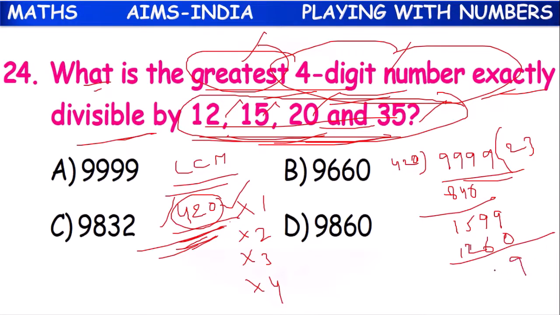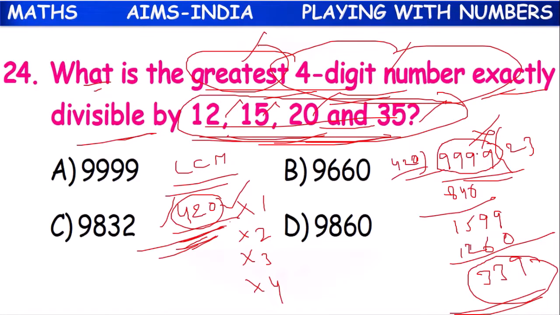So 9, 3, 3. So we are getting 339 remainder. So this 9999 is not exactly divisible by 420, or it's not a multiple of 420, because we are getting a remainder 339.